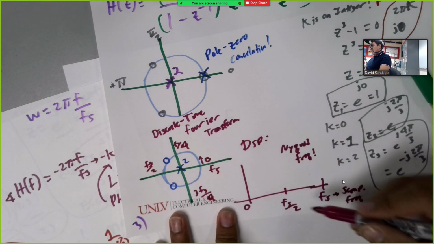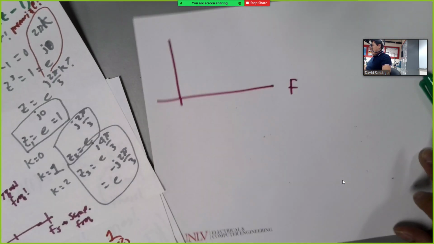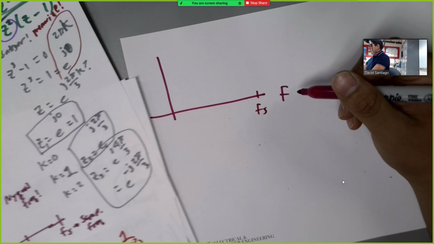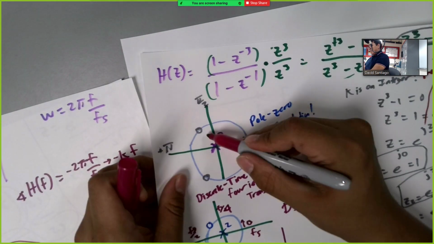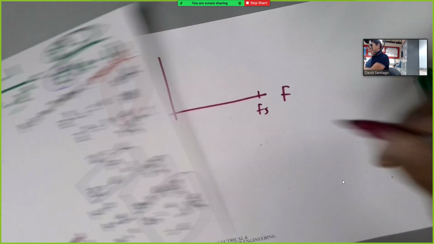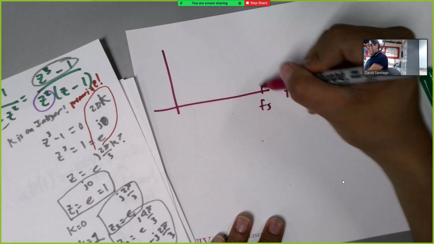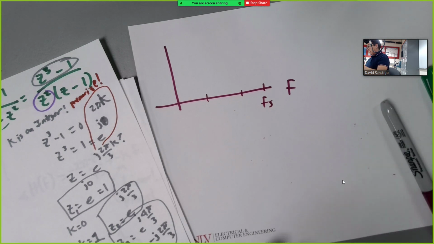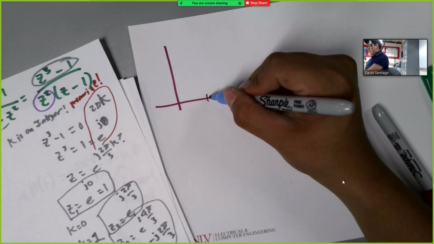Okay, so what we're going to see in our magnitude response, if this was f of s, is let's divide this circle into thirds. If we divide it right here and right here, we're going to get this point where we have zeros.